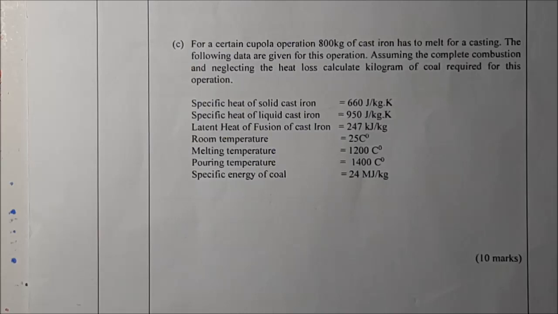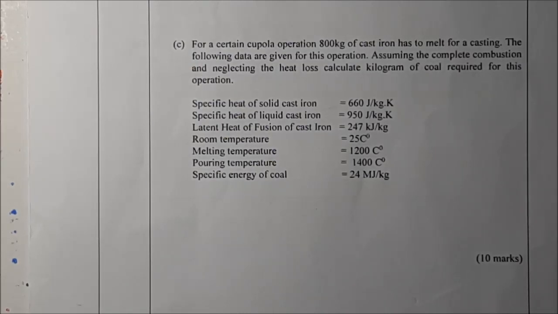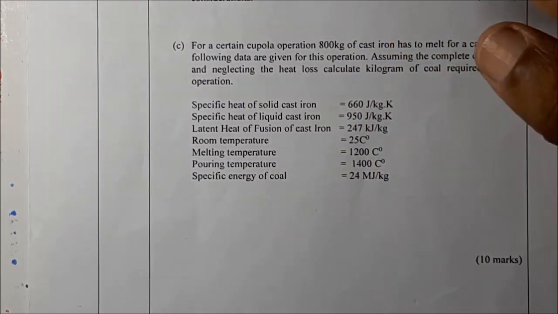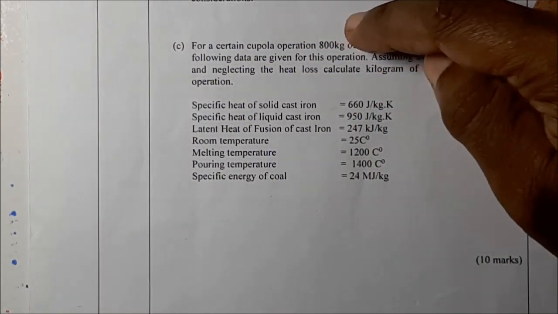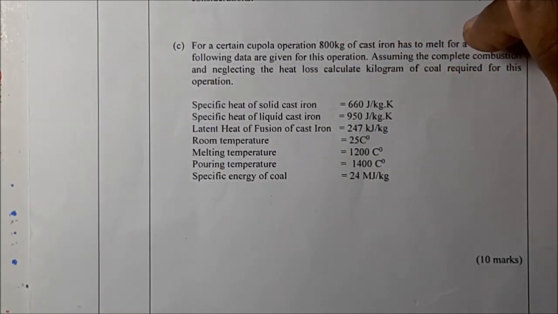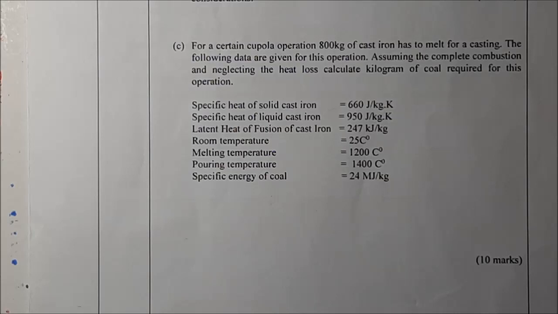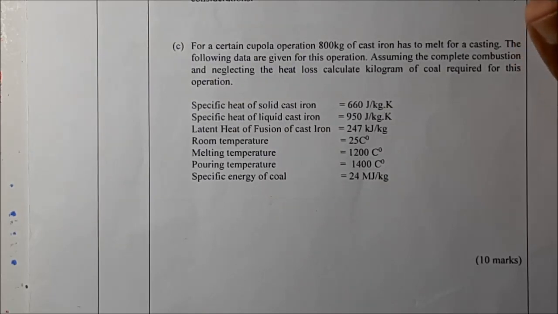I think the diagram will be clear. First read: for a certain cupola operation, 800 kg of cast iron has to be melted for casting. The following data are given for this operation. Assuming complete combustion and neglecting the heat loss, calculate the kilograms of coal required for this operation.